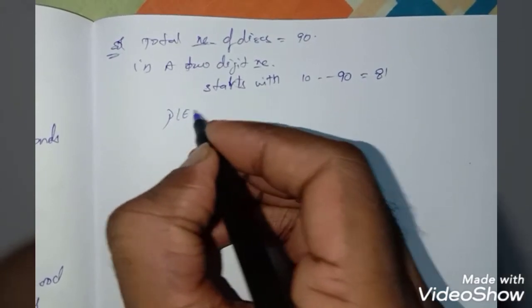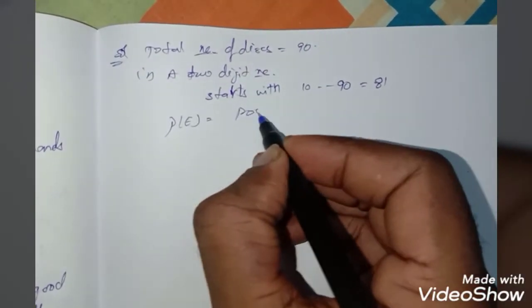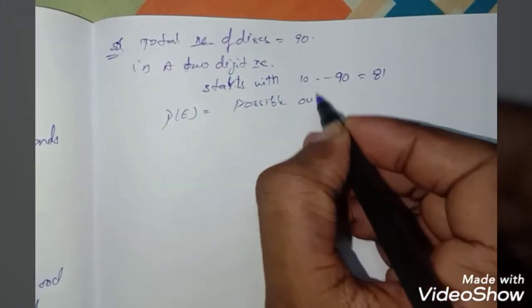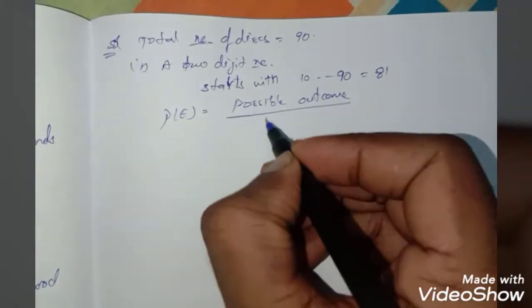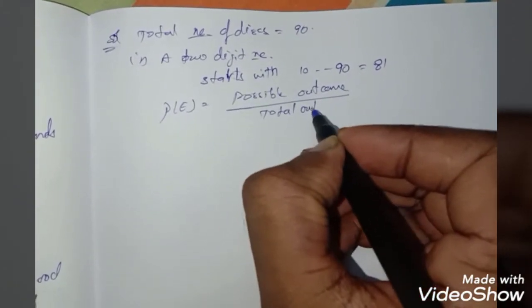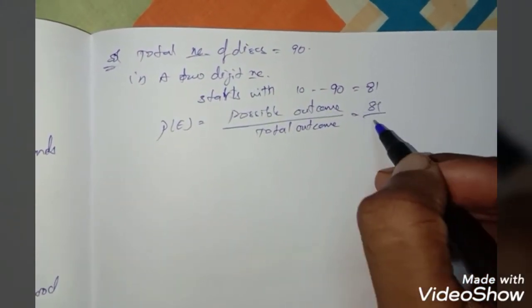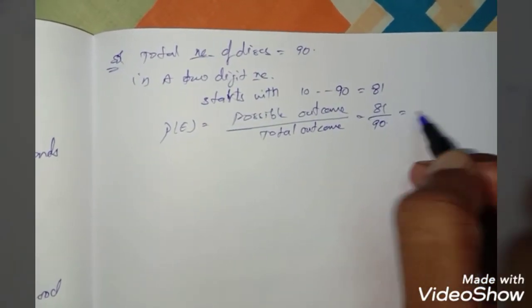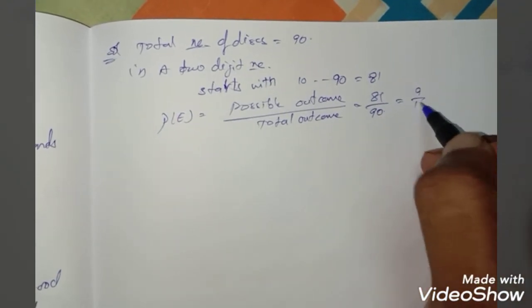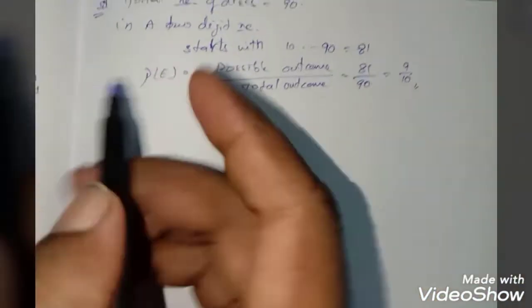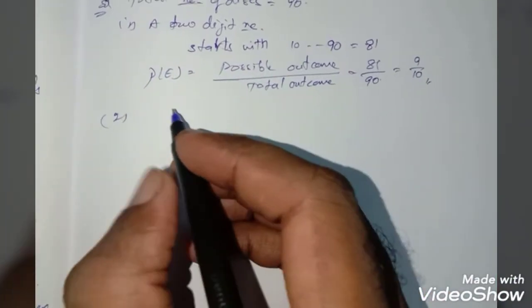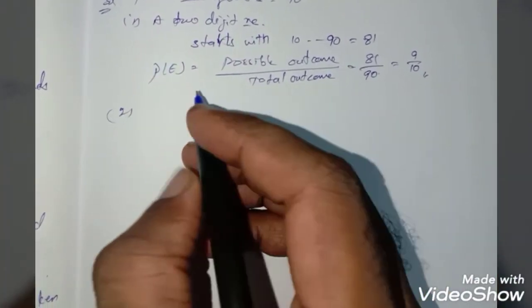Now the probability of an event is nothing but possible outcome divided by total outcome. Now possible outcome is 81 and total outcome is 90. Now if I further cancel, you'll get 9 by 10, right? Now what is the second question they asked? The second one is a perfect square number.